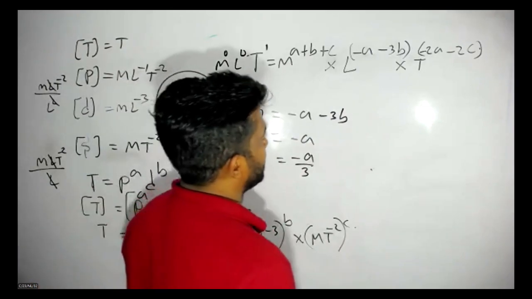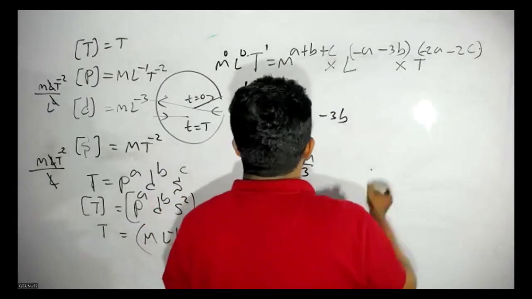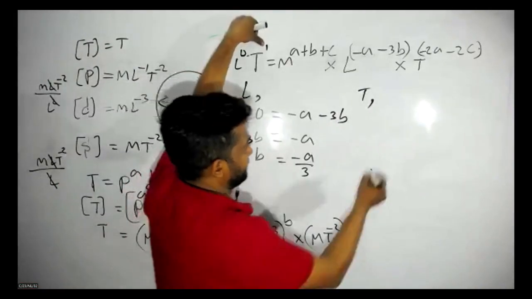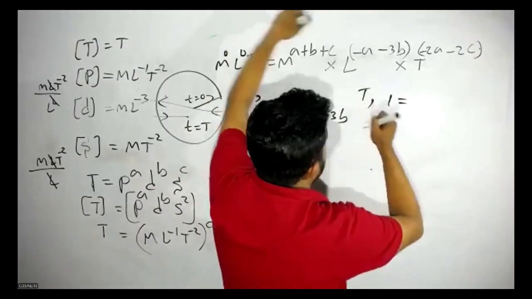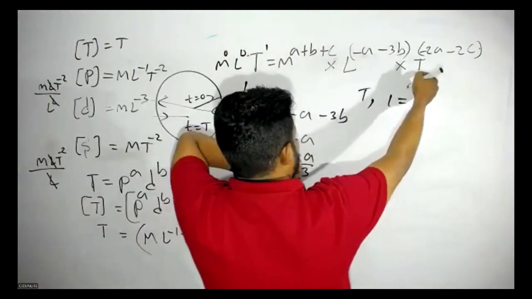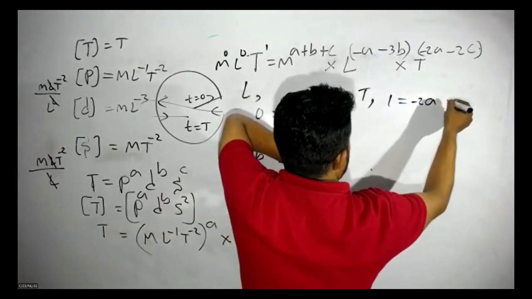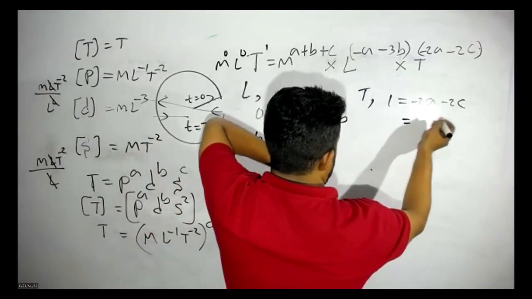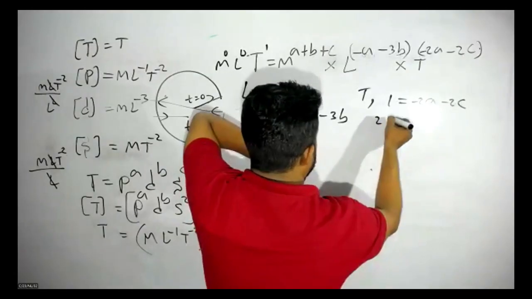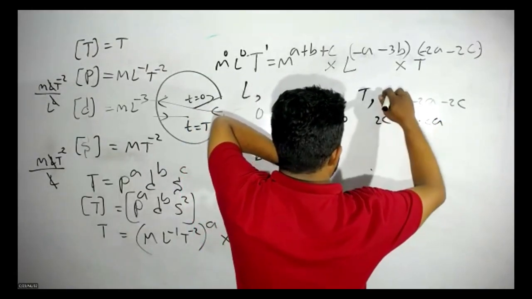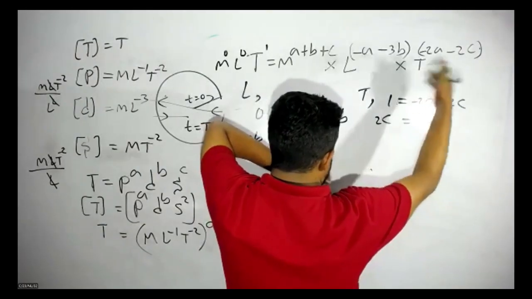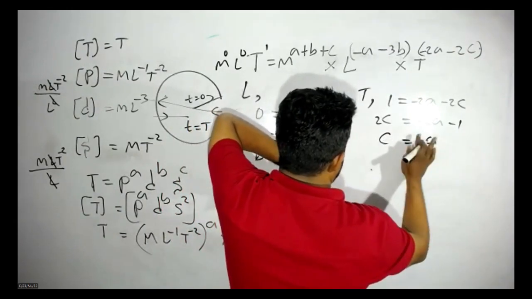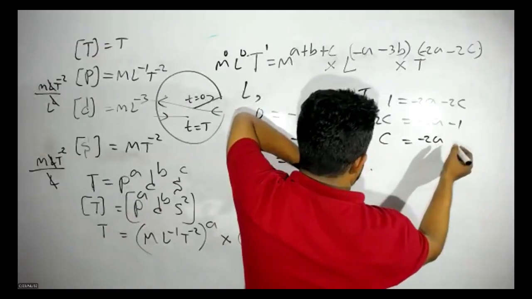Then consider the dimensions of T. Here the dimensions of T is 1 at the left side. At the right side, the dimensions of T is minus 2A minus 2C. Then you can subject C. Bring the term to the opposite side: 2C equals minus 2A minus 1.